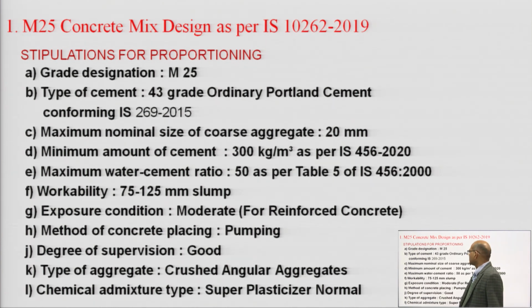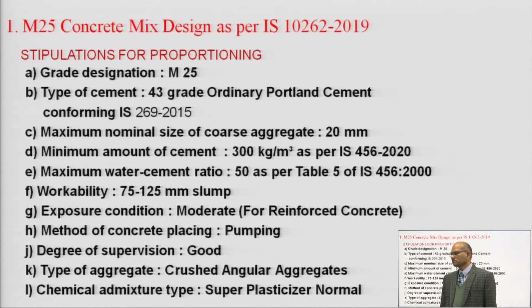We need a grade designation M25. Type of cement: 43 grade ordinary Portland cement conforming to IS 269:2015. We have different grades of ordinary Portland cement like 33 grade, 43 grade, 53 grade, 53 grade sleeper class.